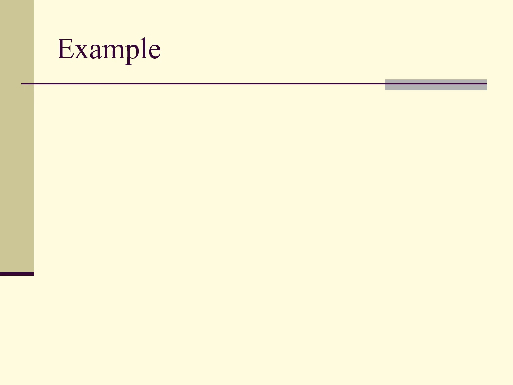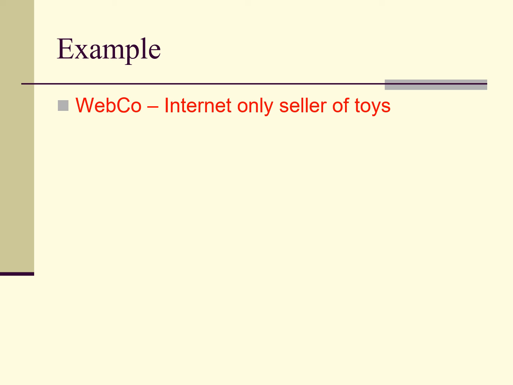Now let's try a comprehensive example to give us a good idea what we are dealing with in this unit. Webco is a retailer of toys. The company sells toys only through the internet and is not affiliated with any other retailer or manufacturer.